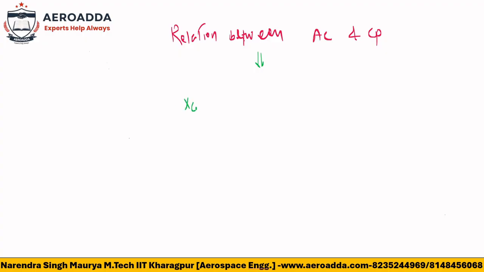So this is XCP. Small XCP by C minus XAC by C is equal to CMAC, meaning moment about aerodynamic center, divided by CL.